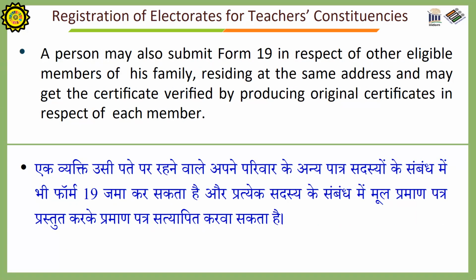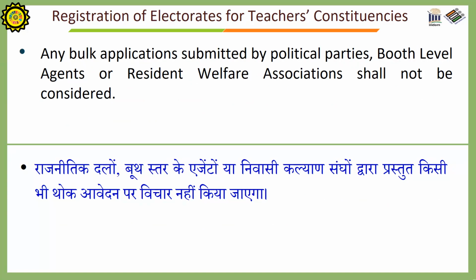A person may also submit Form 19 in respect of other eligible members of his family residing at the same address and may get the certificate verified by producing original certificates in respect of each member. Any bulk applications submitted by political parties, booth level agents, or resident welfare associations shall not be considered.